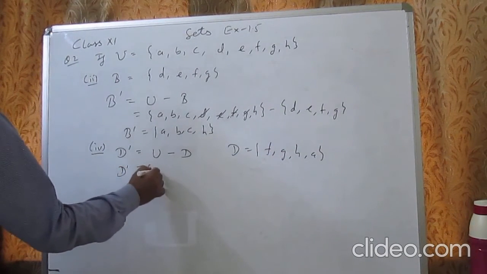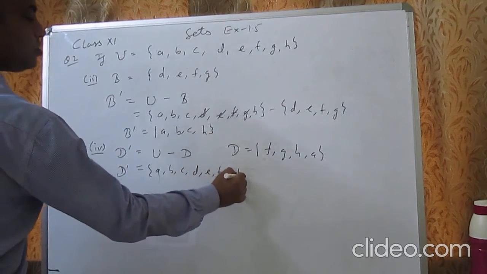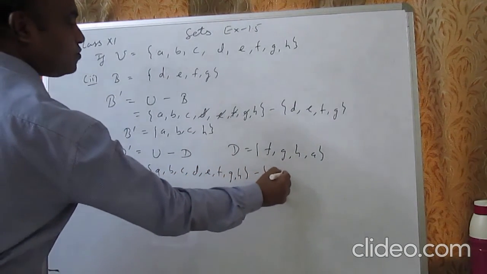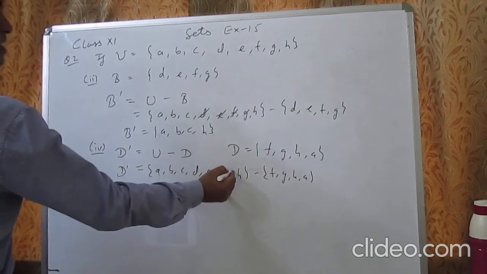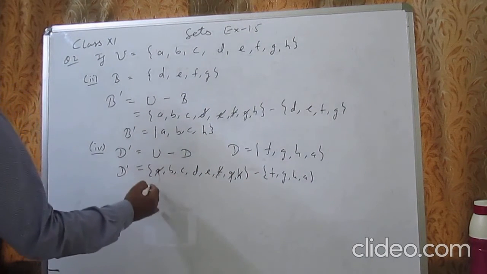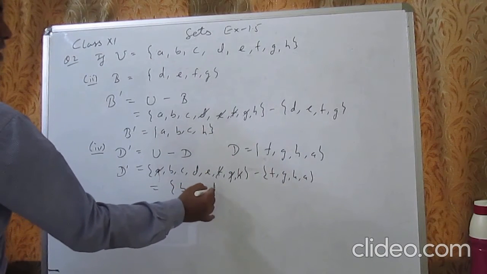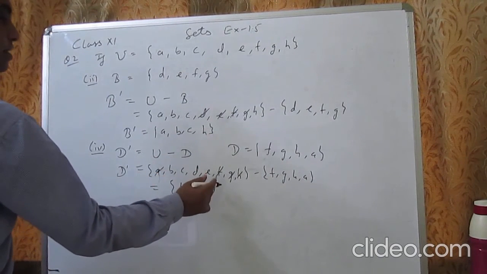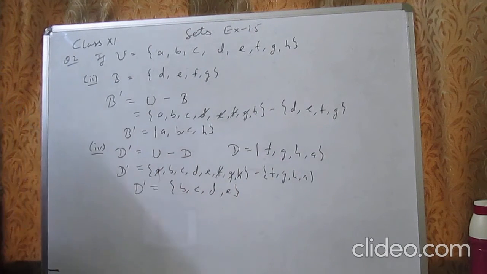A, B, C, D, E, F, G, H minus F, G, H, A. F will go out, G will go out, H will go out, A will go out. So B, C, D, E. This is D complement.